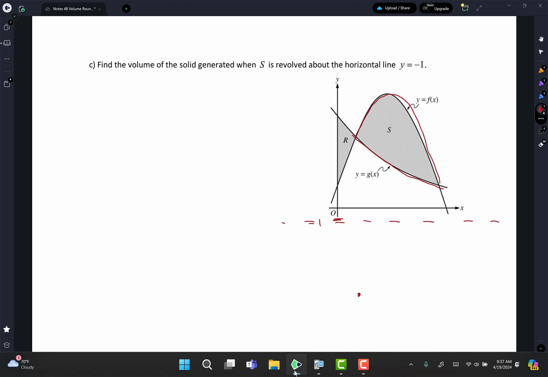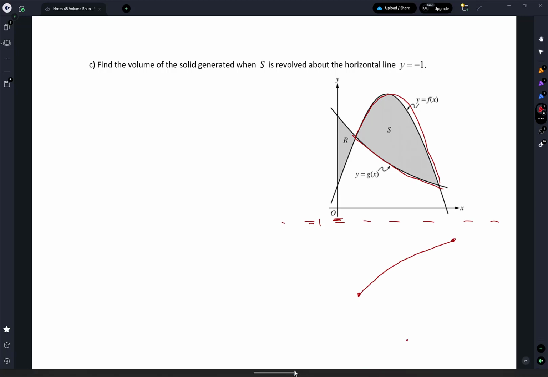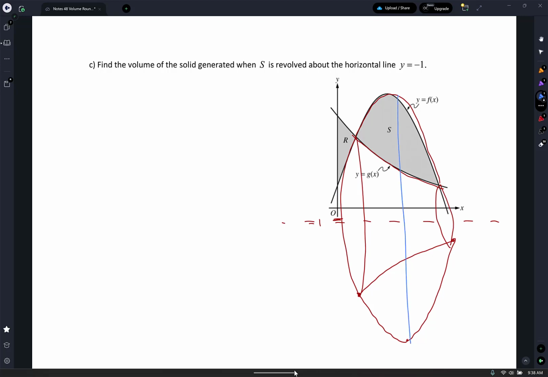But a picture always helps, guys. It doesn't have to be perfect.